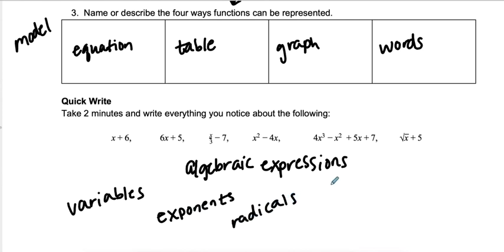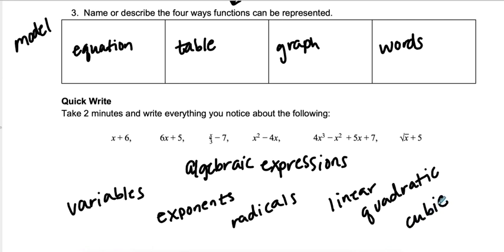You should be thinking that, well, I can notice that these first three are just linear. We also have a squared, which is a quadratic. And then we have a third power, which is a cubic. All right, we're going to go ahead and press pause for now and come back for the next part.